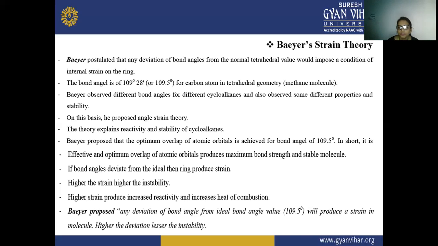So Bayer proposed that the optimum overlap of atomic orbitals is achieved for a bond angle of 109.5 degrees. So here Bayer proposed a theory that the overlapping of atomic orbitals is achieved at the bond angle of 109.5 degrees, that is for the tetrahedral geometry.